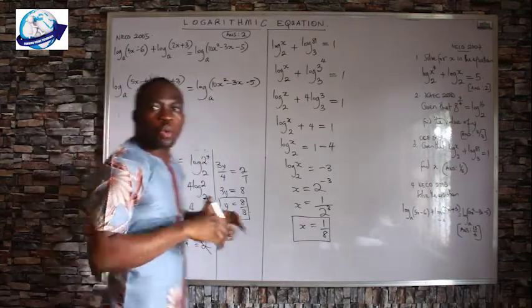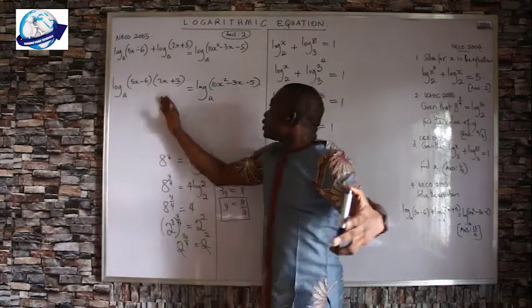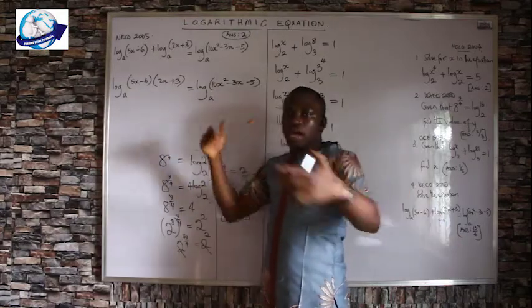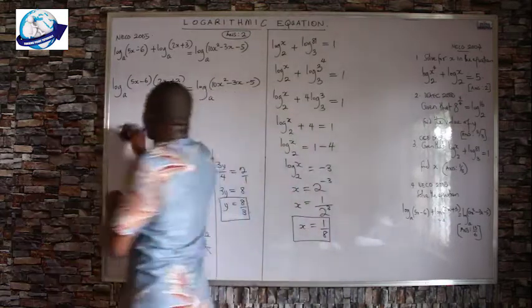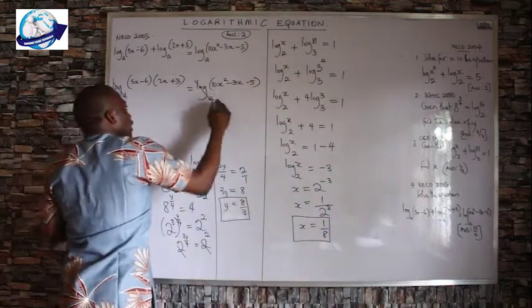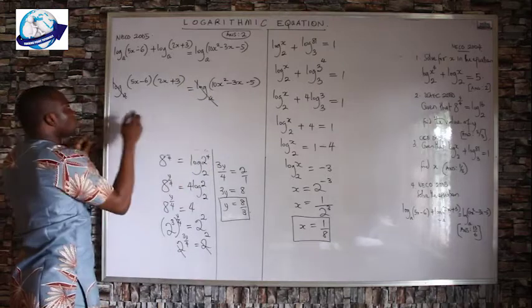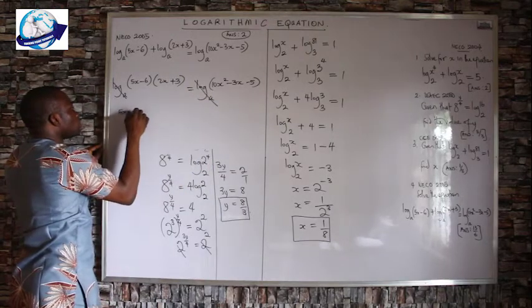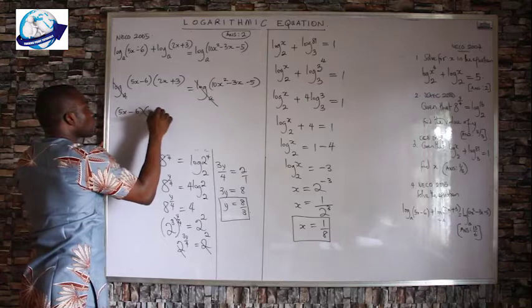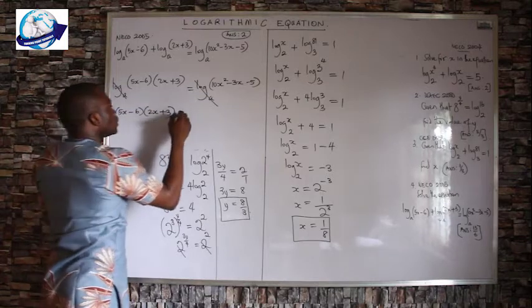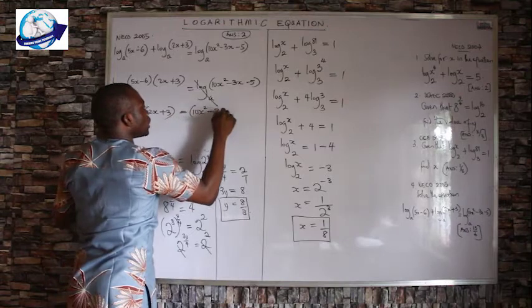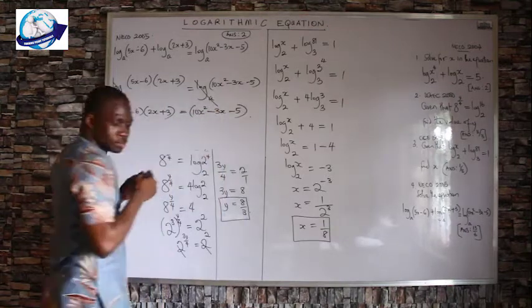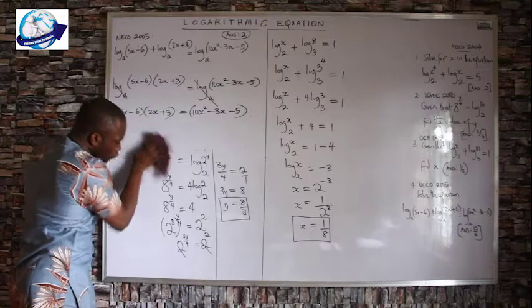Now that you have 1 logarithm on the left hand side, 1 logarithm on the right hand side, log A cancel log A. Okay, so when log A cancel log A, what do you have? A straight equation. So you have 5x minus 6 as against 2x plus 3 equals to 10x squared minus 3x minus 5. Okay, so we can move this out now.